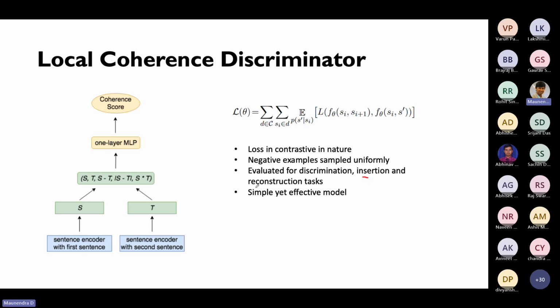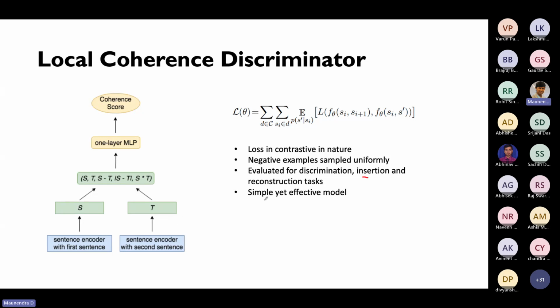You can also train it for sentence order reconstruction. Here you take a passage of size n and randomly jumble the sentences. You feed it to this network and tell the network to give the correct ordering of the sentences. Again, this can be another way in which this model can be used.